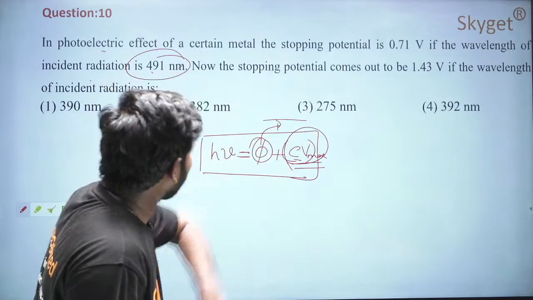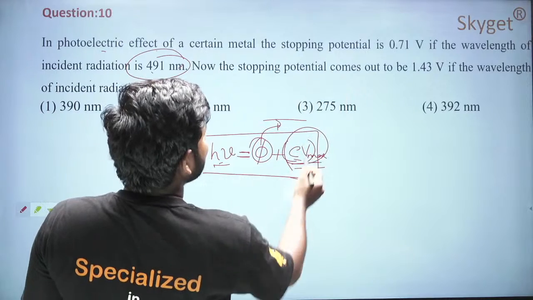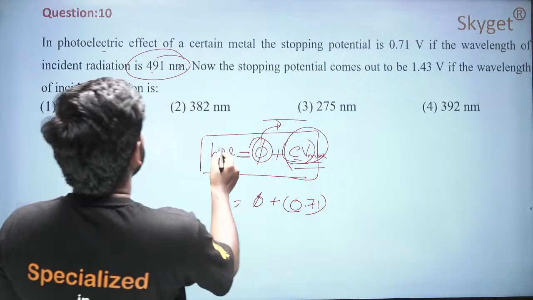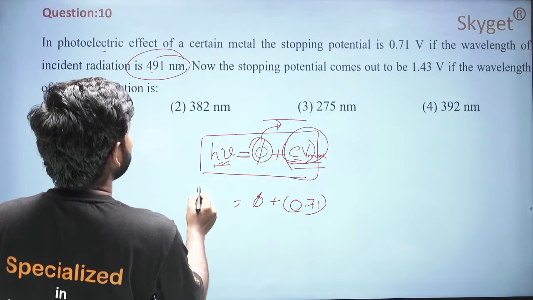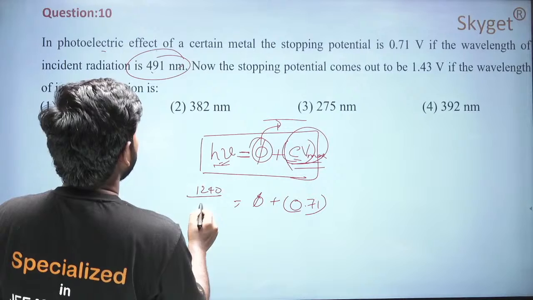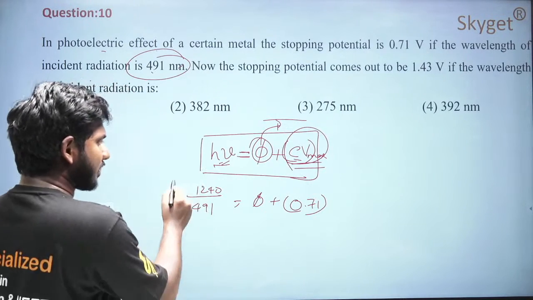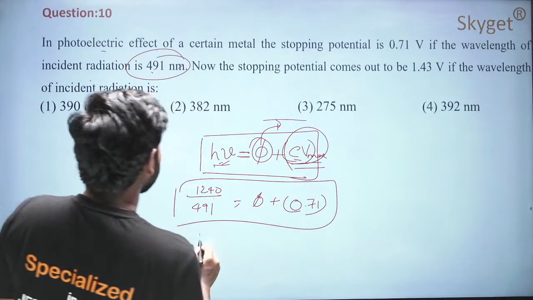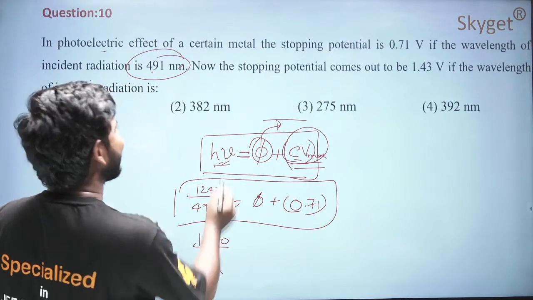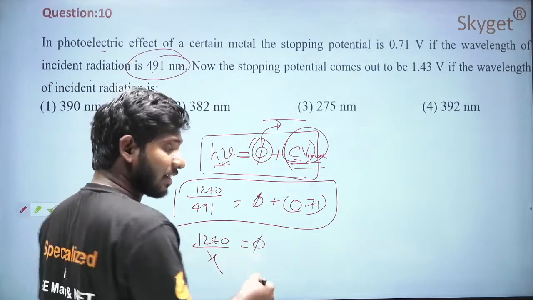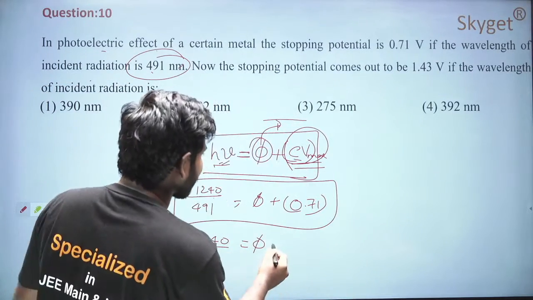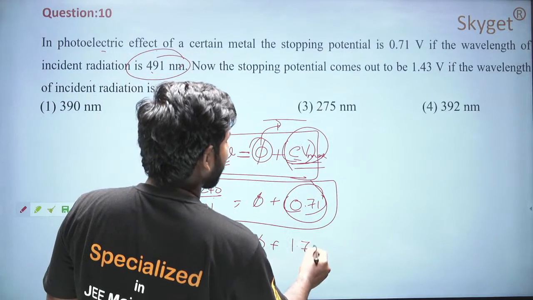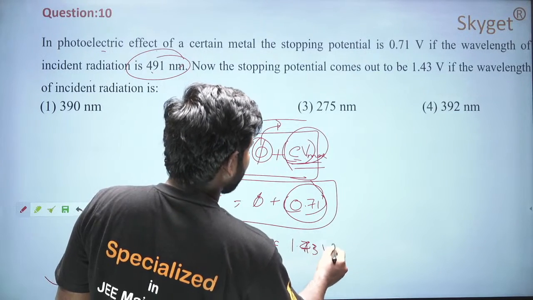If you apply the 2 equations, in the first case the stopping potential is 0.71 volts, plus phi is equal to h nu, that means hc, that is 1240 by 491 nanometers, students. This is one equation. In the other case, that will be 1240 by x, we don't know the wavelength, is equal to the work function of the metal, which will remain the same in the second condition as well, but at that time the stopping potential is 1.43 volts, students.